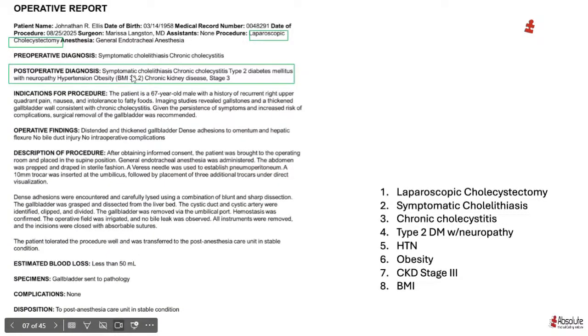We have this symptomatic chronic cholecystitis. We have the type 2 diabetes mellitus with neuropathy, hypertension, obesity, and with the BMI, CKD, and stage 3 CKD, coding it all. Also, see my little purple boxes I told you about last time? Those are my notables. I'm just going to note the history of this illness.